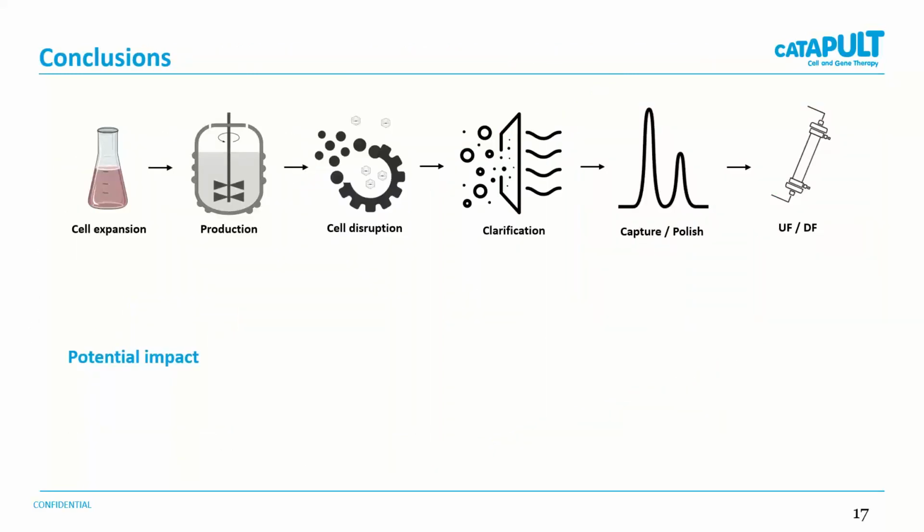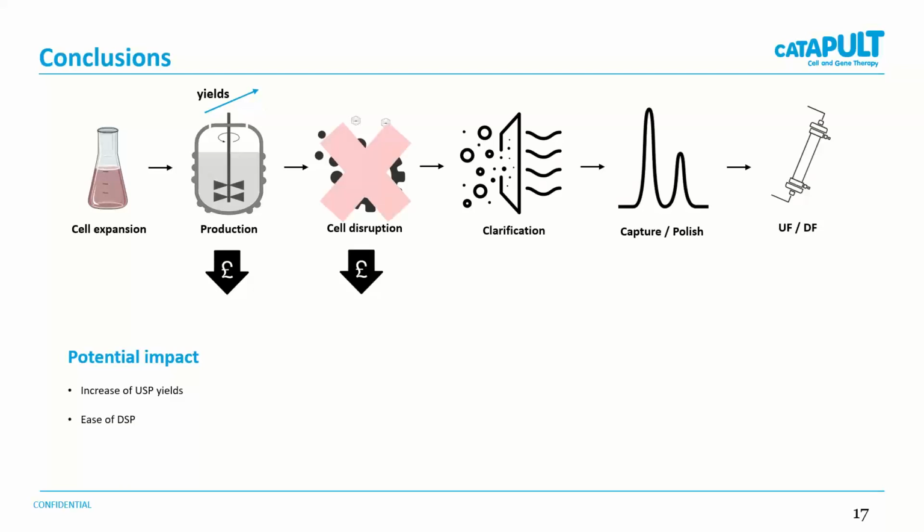So all of that is still early result and quite exploratory. But we can think about the potential impact it can have on our AAV process. And basically, like we saw, we could increase the yield of the production, and by itself, it's already a big win, because you're going to decrease the cost of your process. But we could also think about removing the cell disruption step, because if we get rid of the lysis, we're going to decrease the cost.